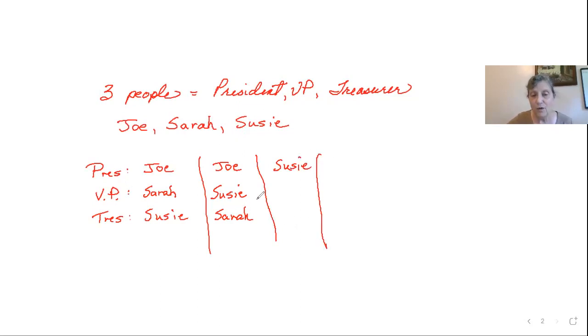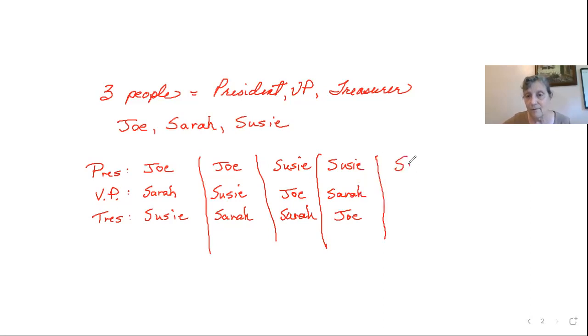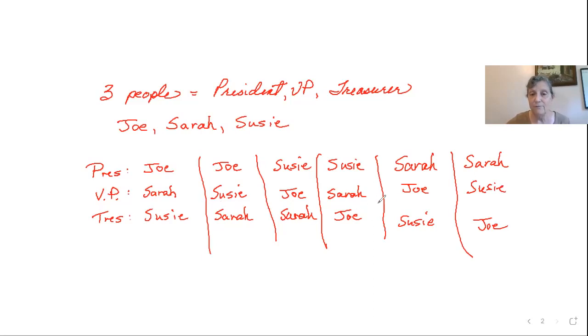Well, then there's going to be two ways to place the other two. We could have Joe be vice president or treasurer, and Sarah take the other spot. Or if Sarah's president, then there's two ways to place the other two: Joe here or Joe here, Susie here or Susie here. So we've actually got 1, 2, 3, 4, 5, 6.